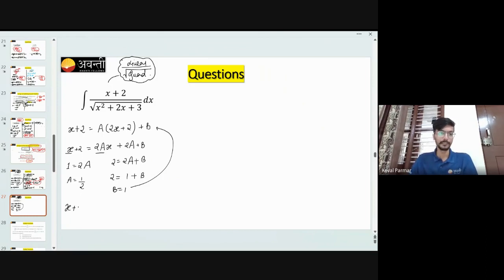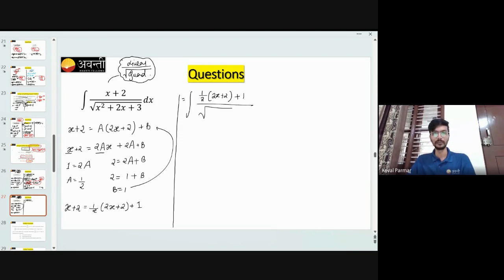I will get x plus a into 2x plus 2 plus 1, right? So now my integral will become integration of 1 upon 2, 2x plus 2, plus 1 upon under root of x square plus 2x plus 3 dx.